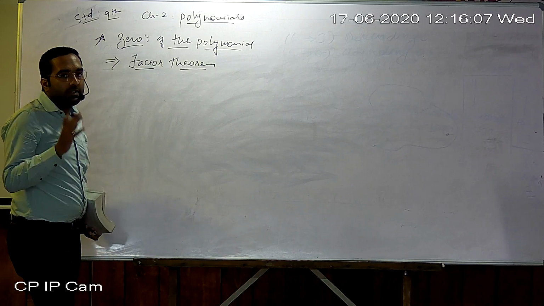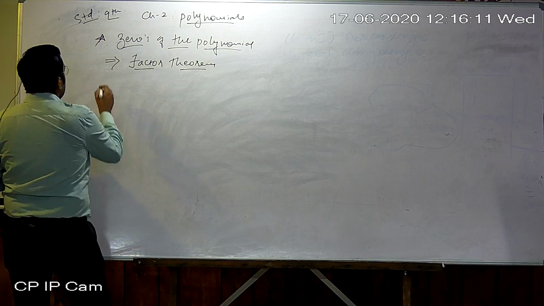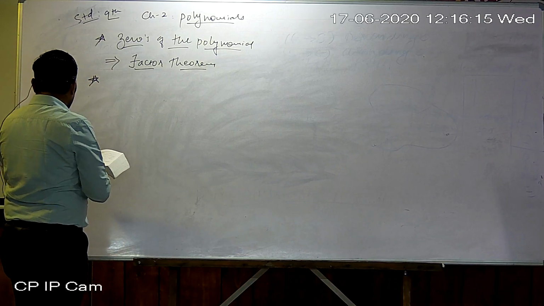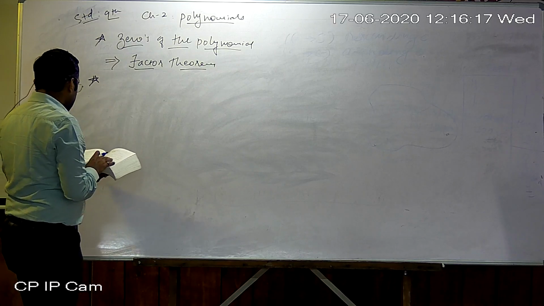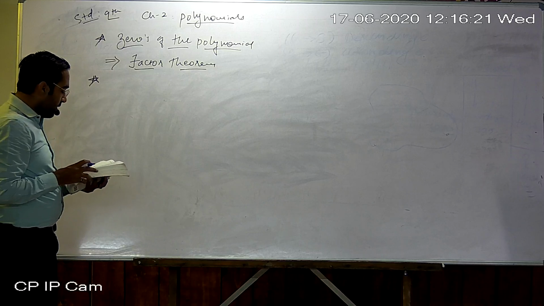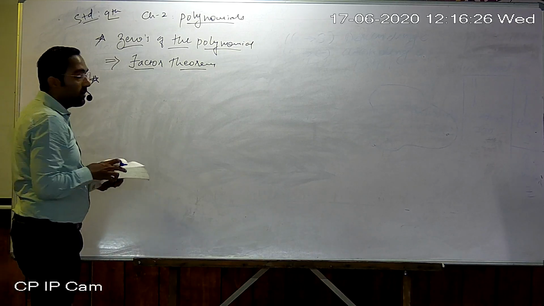I'll give you one example. In the following, use the factor theorem to find whether polynomial g of x is a factor of polynomial p of x or not.